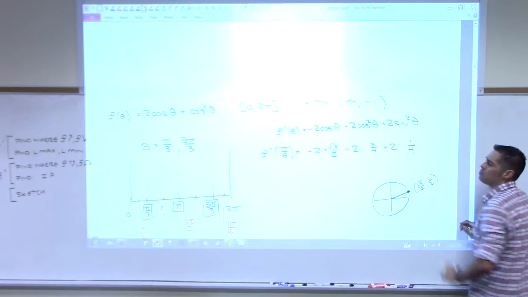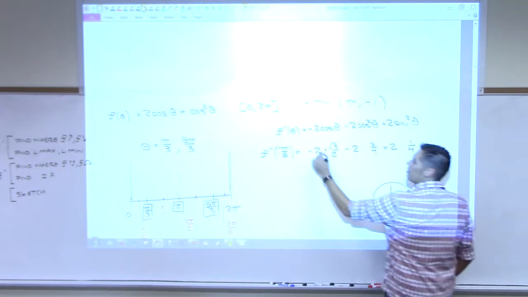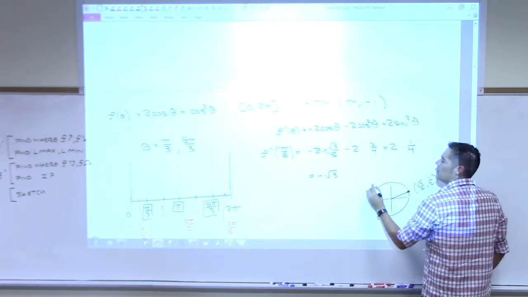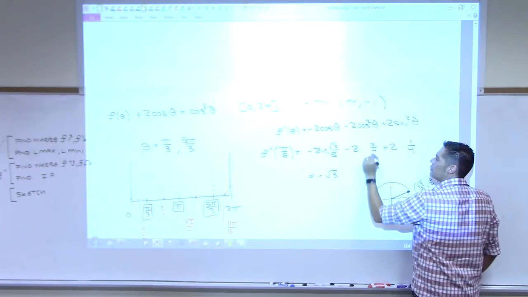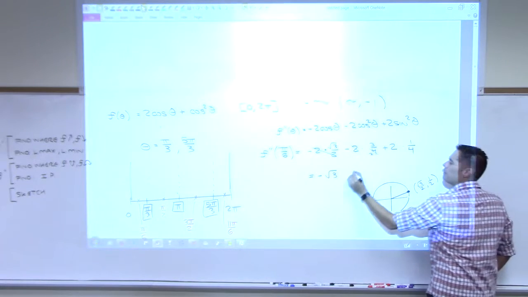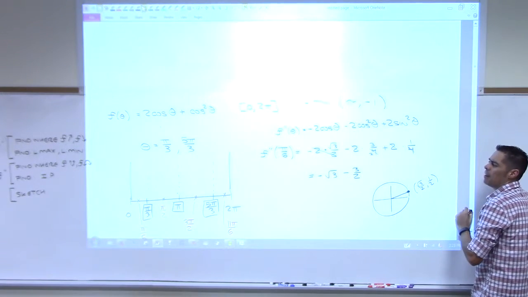All I care about is whether or not this turns out to be positive or negative. So let's clean it up. These twos cancel. We get -√3. I could, yeah, this and this. That gives me -3/2. And then here and here, that gives me positive 1/2.